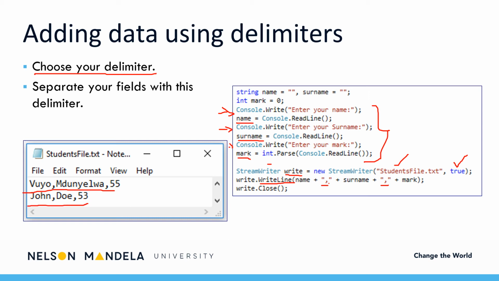So how can you now read information from this file? The one way to do that, when you are reading from this file, is that you need to split this file. So wherever you find this delimiter, you need to split and then only take one. You only take the name, you only take the surname.